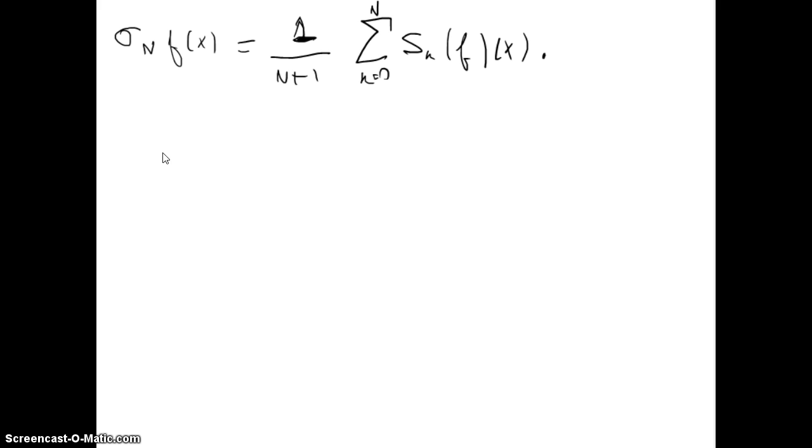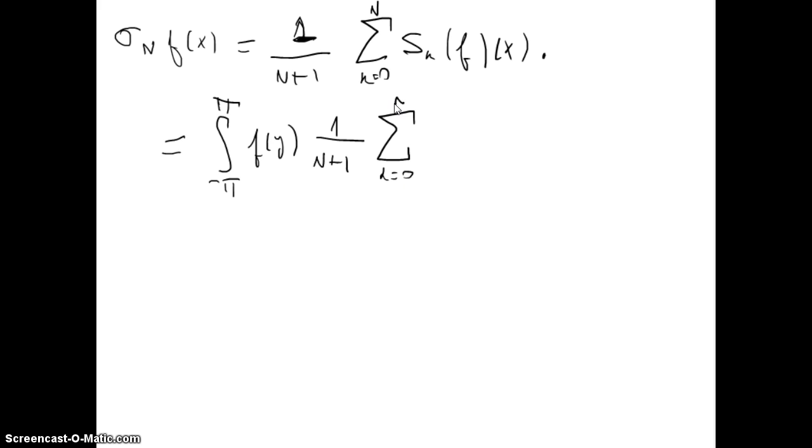we can transform this in the following way. We can have the integral from minus pi to pi of f(y) times 1 over n plus 1 of the sum k equals 0 to n of D_k, where D_k is the Dirichlet kernel, dy. So we only introduced the Dirichlet kernel as we did before, including the Fourier transform.